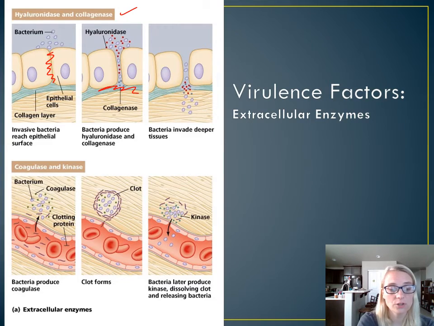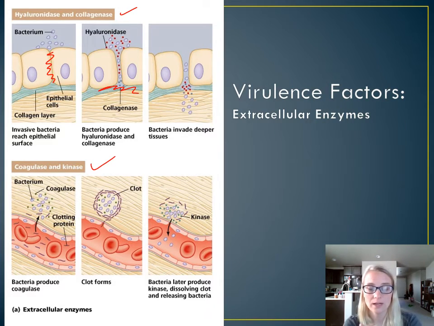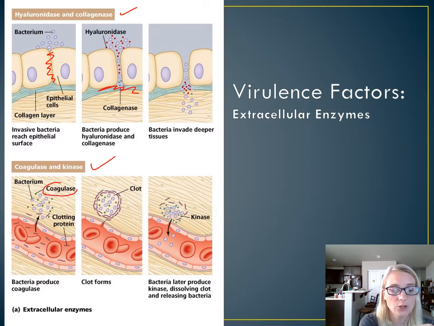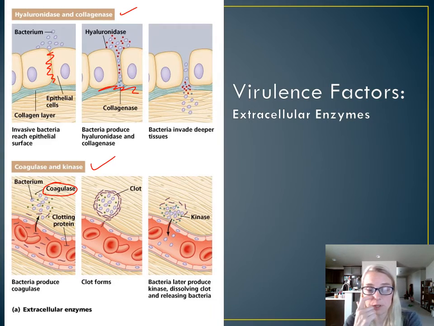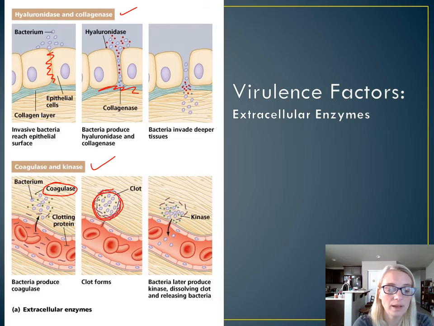The next set of extracellular enzymes are called coagulase and kinase. So here you get the bacteria in deeper into your tissues, maybe close to a bloodstream. Coagulase, just like the name implies, actually draws out some of your blood clotting proteins, like your fibrin and fibrinogen, and makes this fibrin clot. And now you have the bacteria surrounded by a clot. Do you think that's going to be easy for a macrophage or your immune system to find?